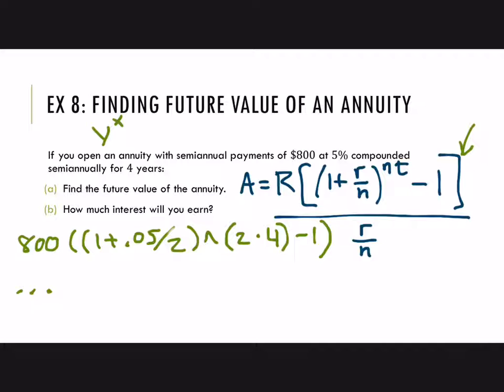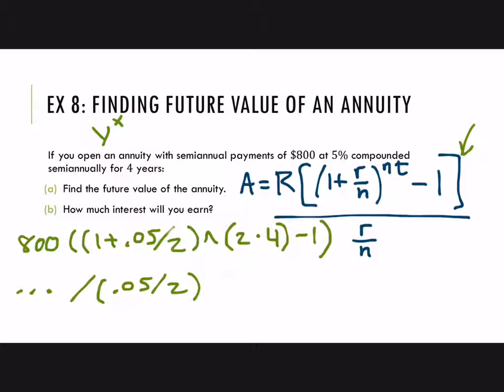Okay, next thing you type is a division symbol, and then for the denominator, again, we have a fraction in the denominator, so you need parentheses around this as well. So parentheses, then the rate, 0.05, divided by 2, parentheses. Okay, and that should be good for your calculator.